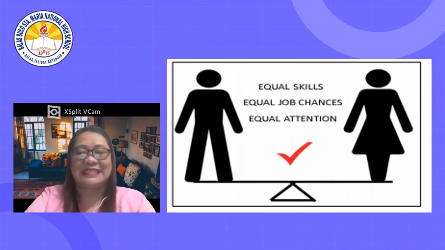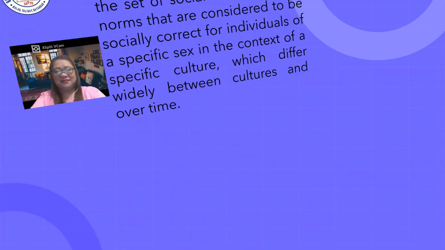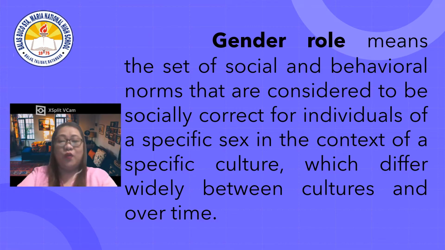To best describe the literary approach feminism, let us take a look on this illustration. When we say feminism, there are equal skills, equal job chances, and equal attention for both men and women. When we talk about the literary approach feminism, it has something to do with gender role.